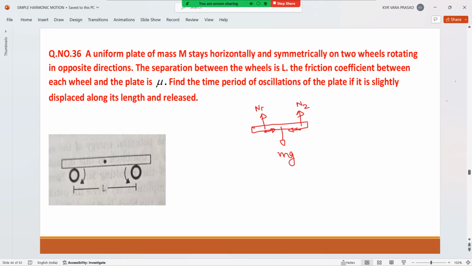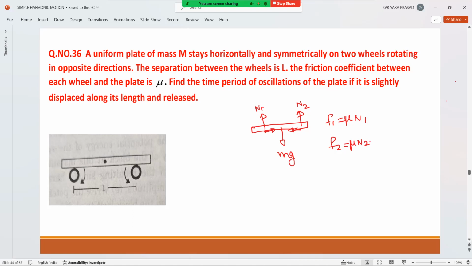When normal reactions are the same, limiting values are the same. I can say F1 equal to mu into N1, F2 equal to mu into N2. When N1 equal to N2, limiting values are the same. That means the net force along horizontal is zero.